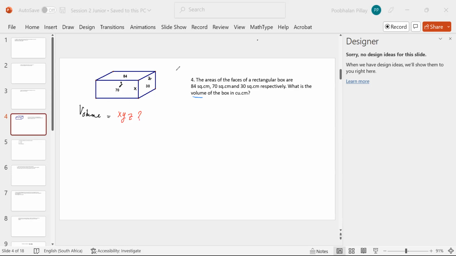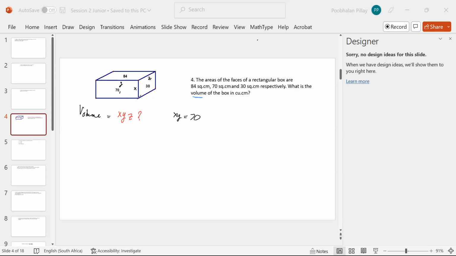All right. So let's see how we can use the given information to get this. We know the different areas. We know the area of a rectangle is length times breadth. Look at this rectangle here, the sides multiplied give you 70. So xy is equal to 70.